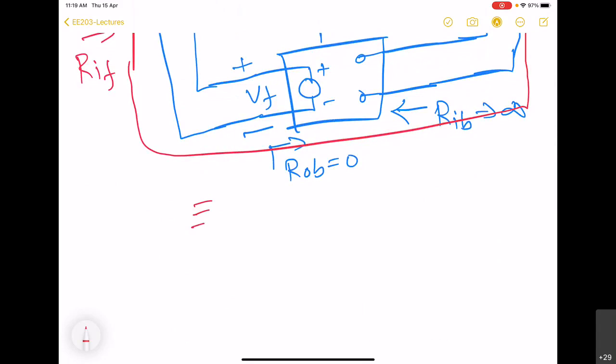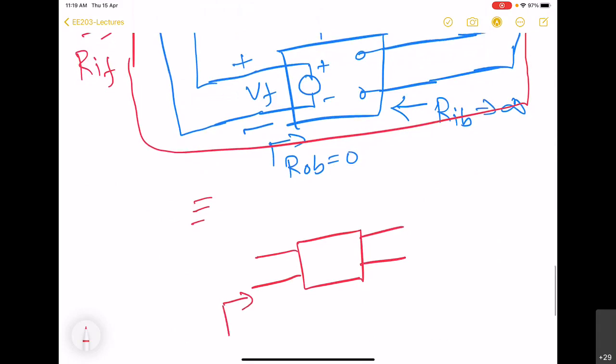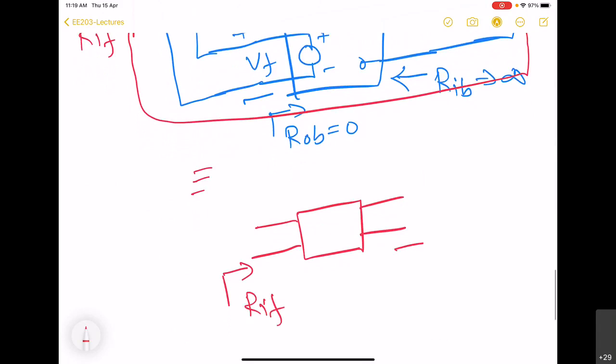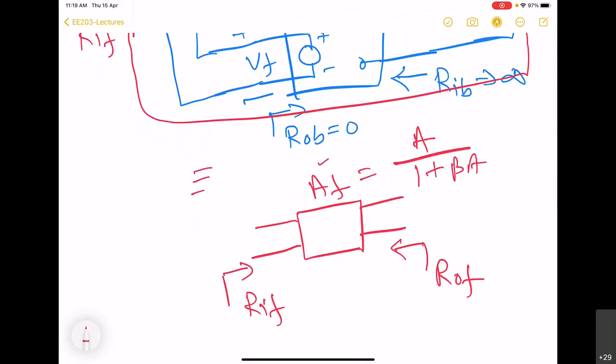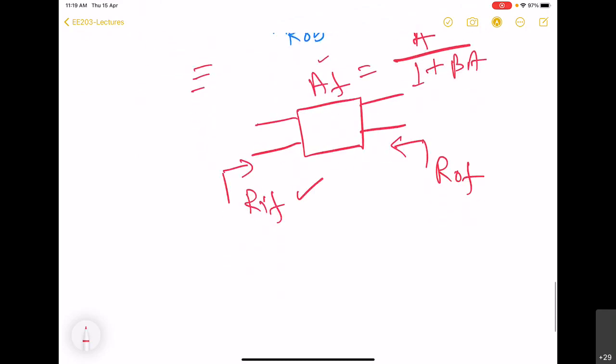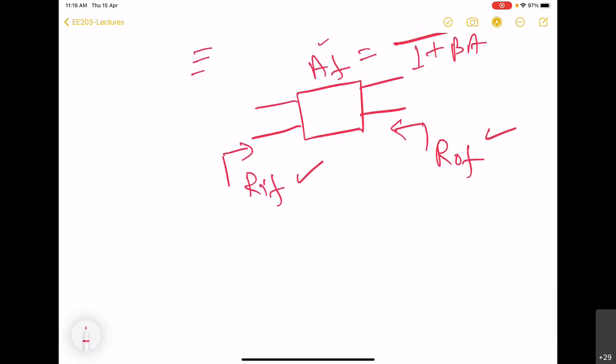So this scenario gets simplified to this block. And this is going to be the overall gain, which we know is going to be A divided by 1 plus beta A. This we have already derived in the previous class. And these are the two things we have to find out. So let us first try to find out RIF.